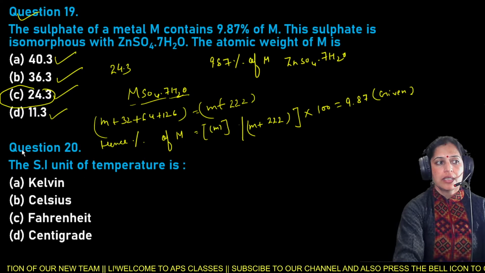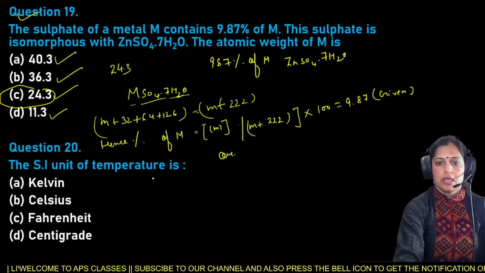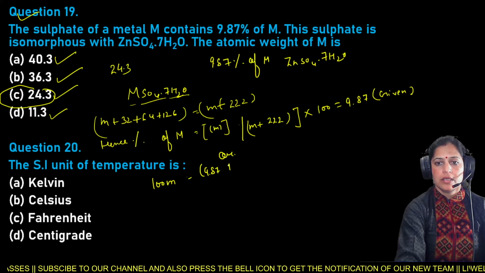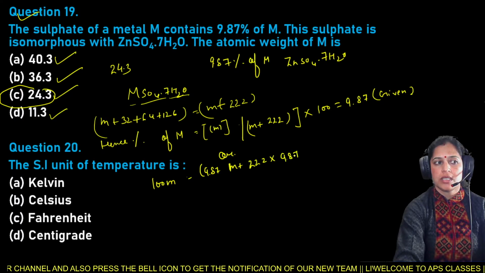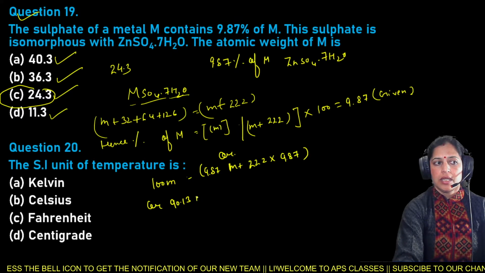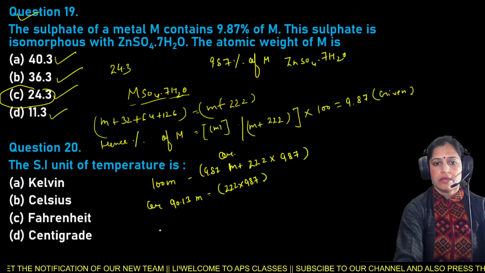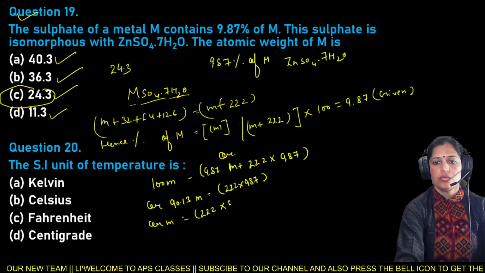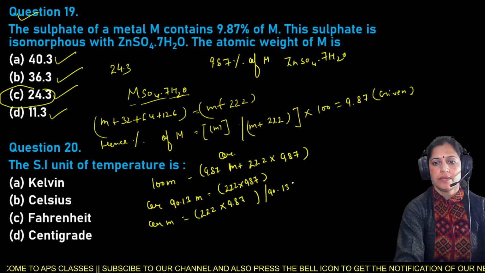Or we can do it in another way. 100 M is equal to 9.87 M plus 222 multiplied by 9.87, or 90.13 M is equal to 222 into 9.87, or M is equal to 222 into 9.87 divided by 90.13.